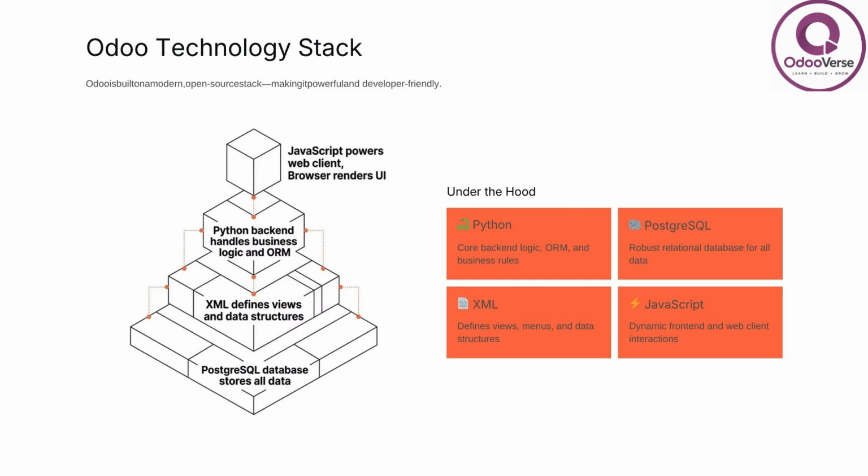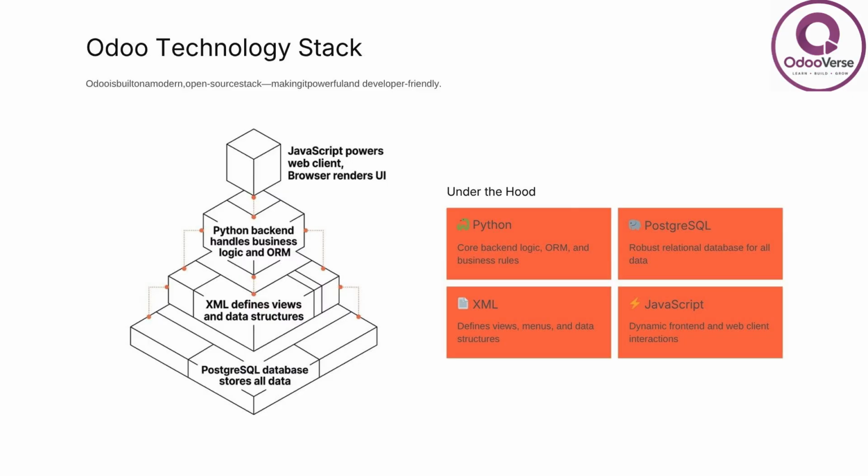Now let's understand the technology stack behind Odoo. Odoo is built using modern open source technologies. First is Python. Python is used for back-end development, business logic, and ORM functionality. Next is PostgreSQL. This is the database used to store all business data securely.